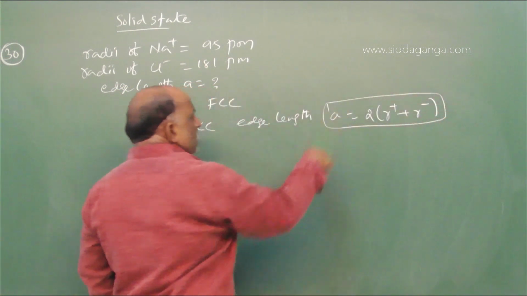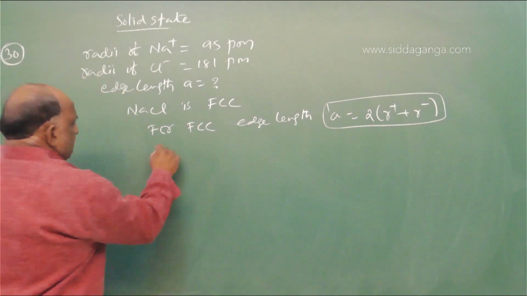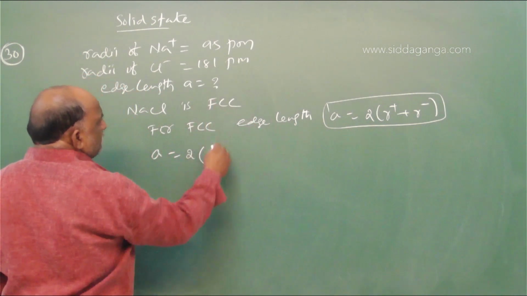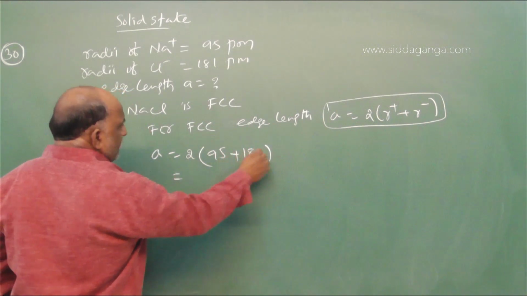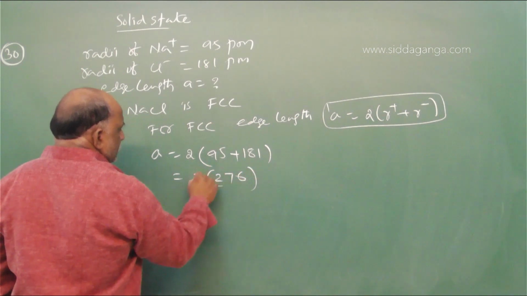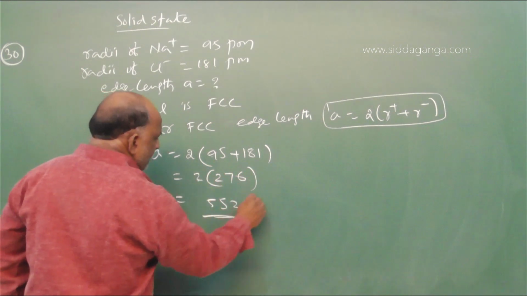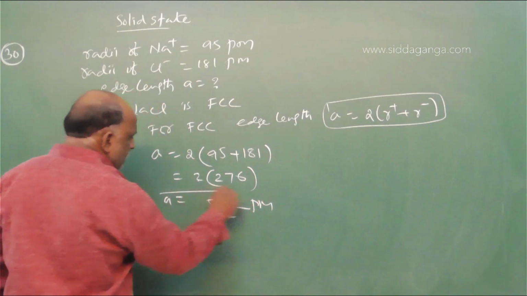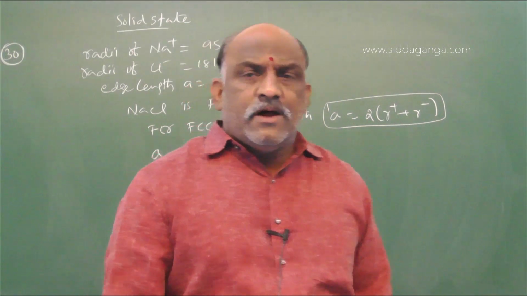So a is equal to 2 into (95 plus 181), which is 276, into 2, that is 552 picometers.